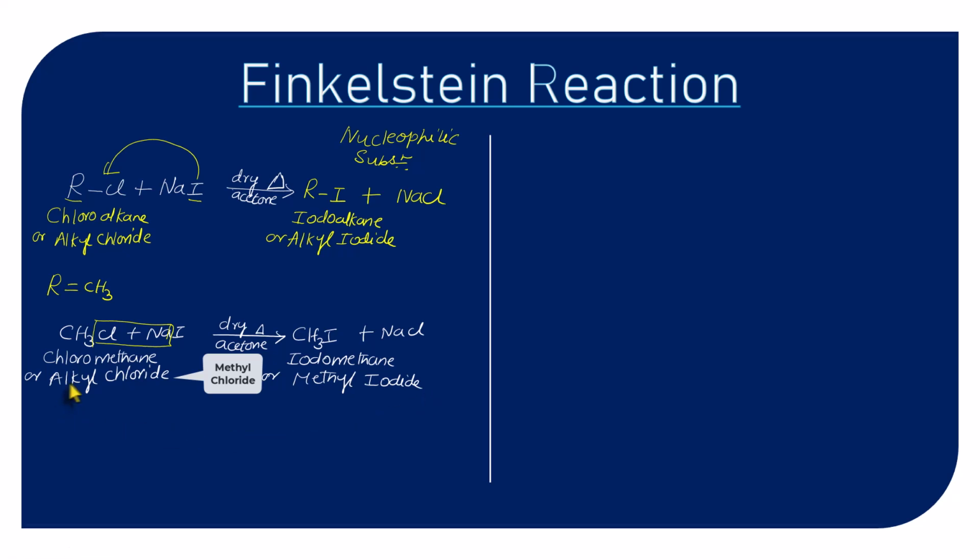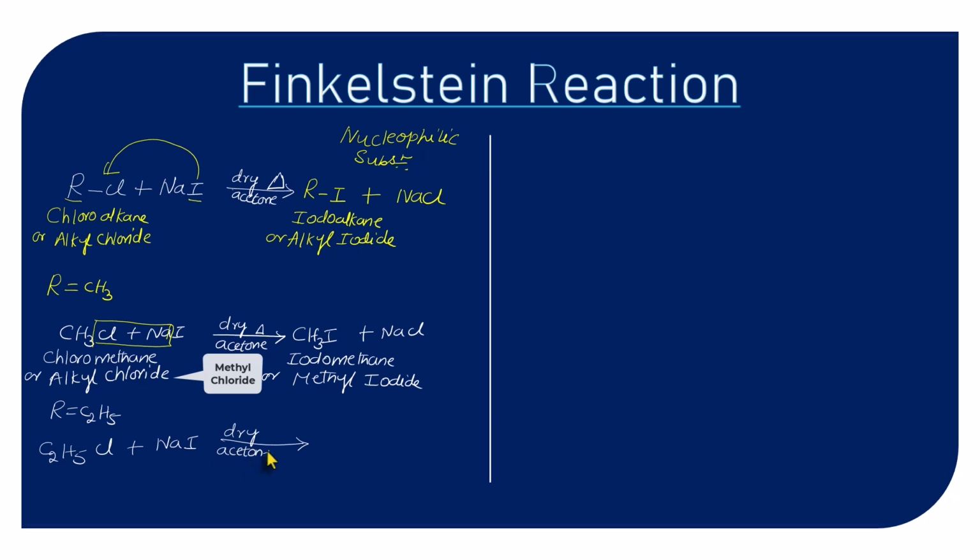Now let's take up example 2 by replacing R with C2H5. C2H5 is the ethyl group. So what's the equation going to be? In this reaction equation, let's replace R with C2H5. C2H5Cl plus NaI. What's the reaction condition, children? By this time you should already know. We are using dry acetone.